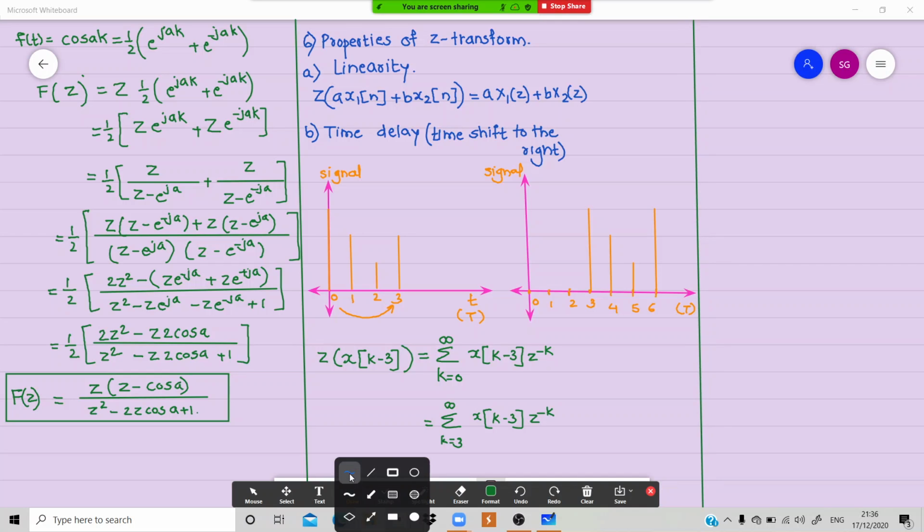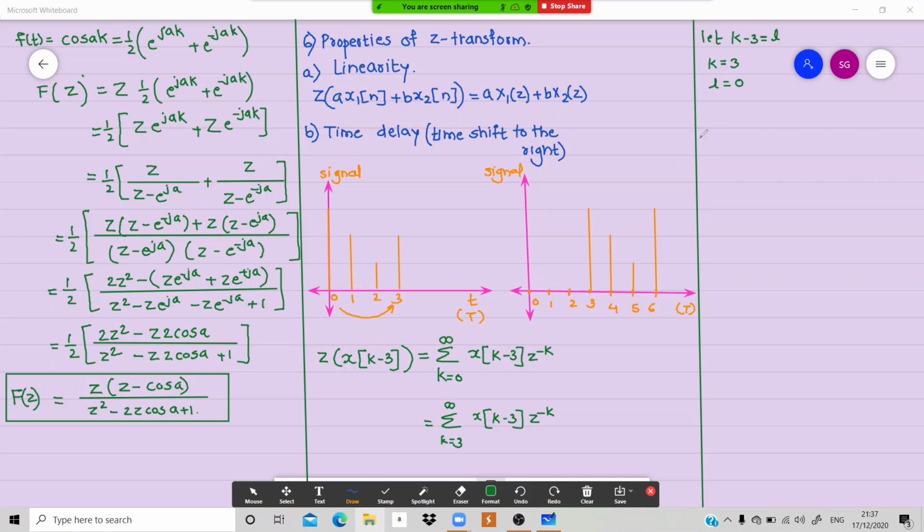So now we'll say let K minus 3 be equal to L. Right. So when K is equal to 3, L will be equal to 0. Fine.